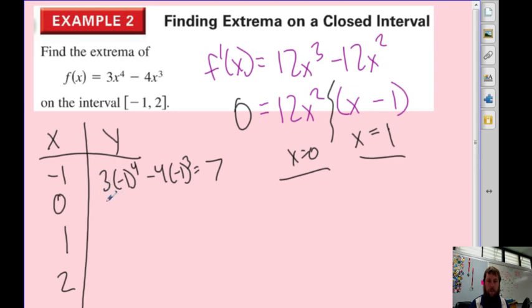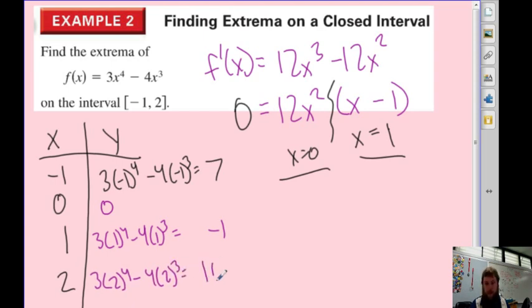When you plug in 0, you get 0 minus 0, which is 0. If you plug in 1, you get 3 times 1 to the 4th minus 4 times 1 cubed, and that will be -1. And if you plug in 2, you get 3 times 2 to the 4th minus 4 times 2 cubed, and that comes out to positive 16.